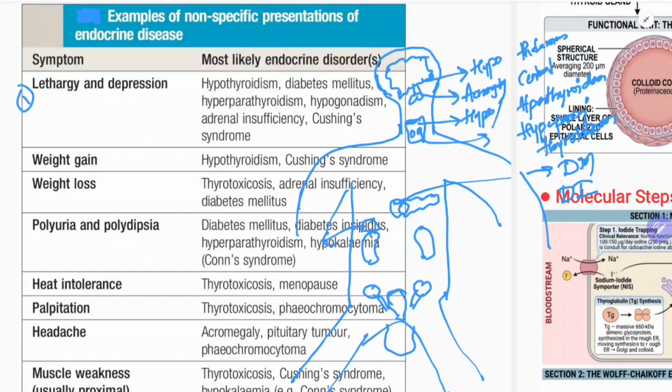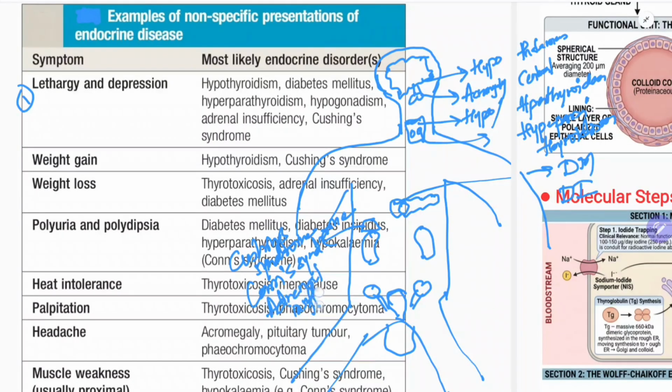The adrenal gland has cortex and medulla. So cortical is this one. So you can have Cushing syndrome, or you can have Conn syndrome, or adrenal crisis, primary or secondary adrenal insufficiency.